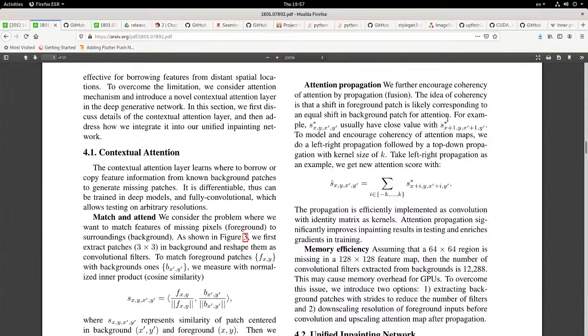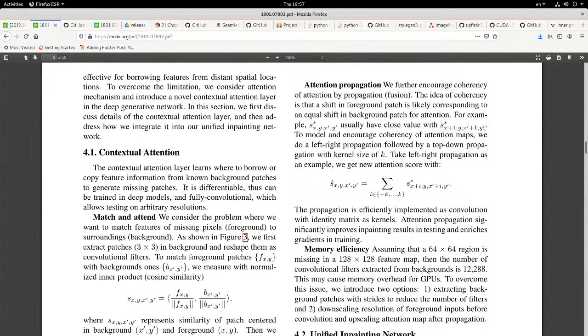For example, S star usually have close value with... Is it actually saying something? This should be plural, right? I'm so confused.